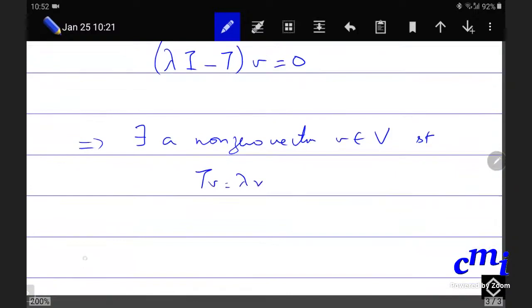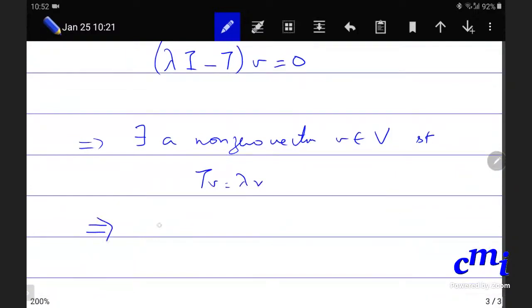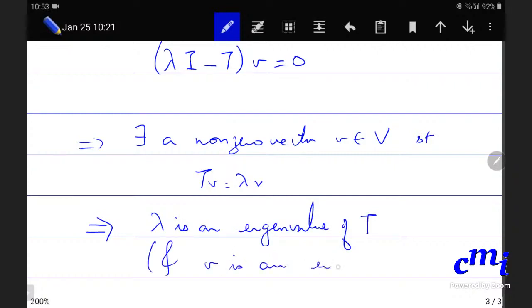Which now implies that lambda is an eigenvalue of T, and V is an eigenvector. This V in the previous step is an eigenvector of T for lambda. Eigenvector means it has to correspond to an eigenvalue. It is associated to an eigenvalue.